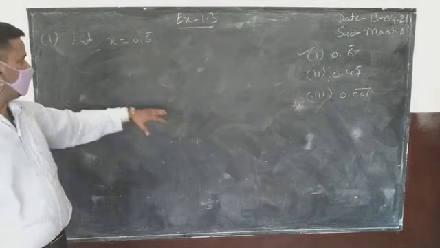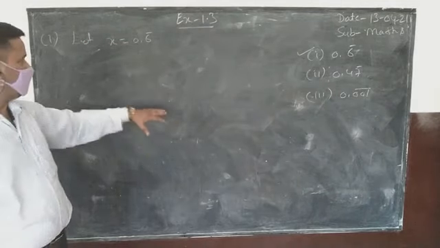Here only one digit is repeating. Then 0.666, this is equation first. 0.6 bar means 0.666 dash. This is the expanded form of 6 bar.